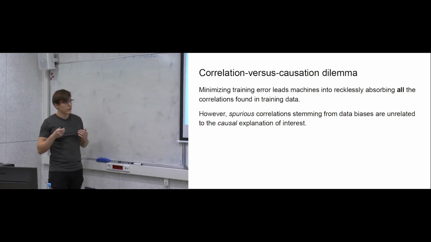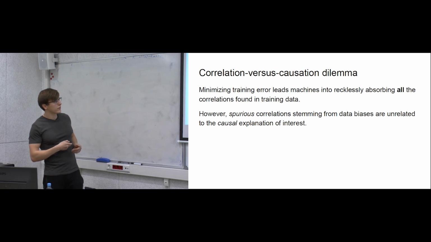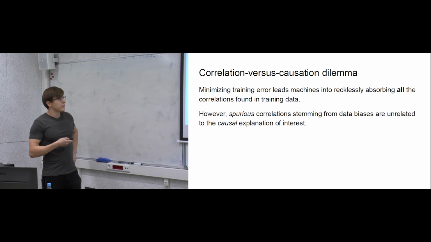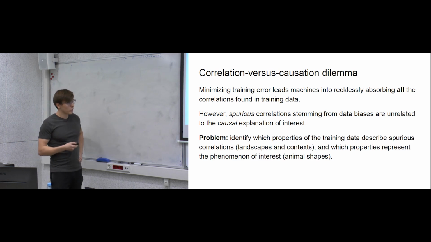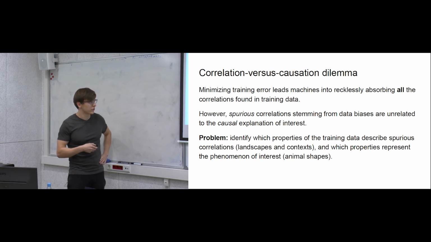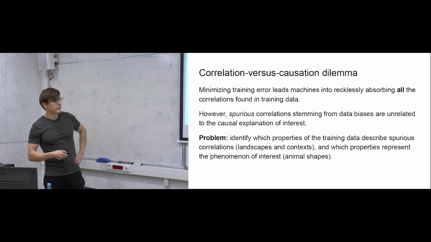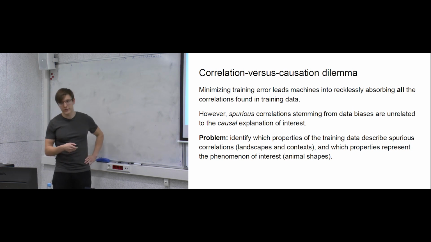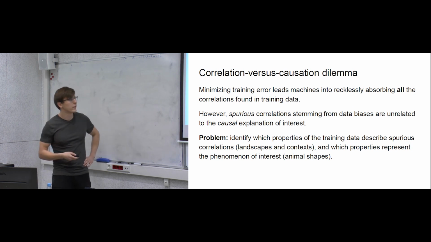Anyhow, we always have these spurious correlations in data that we don't want to learn. And we have a very non-trivial problem. We want to identify those properties of our data that describe spurious correlations and get rid of them, and identify and use useful properties that represent the phenomenon of interest, like animal shapes in our example.